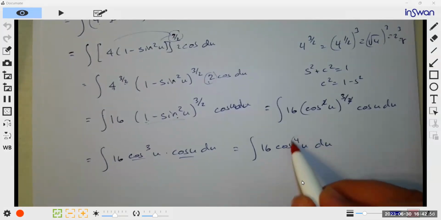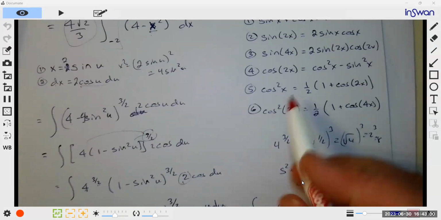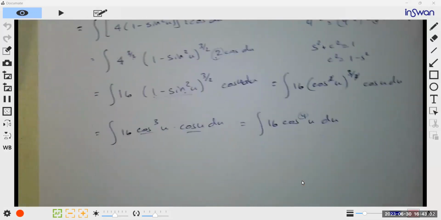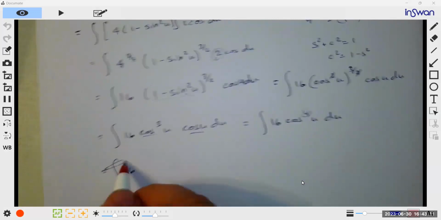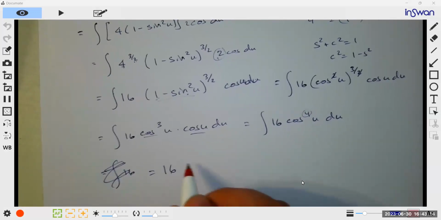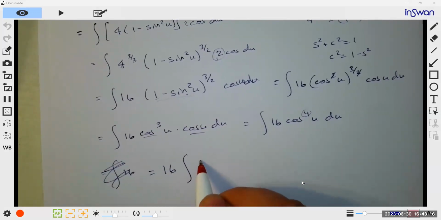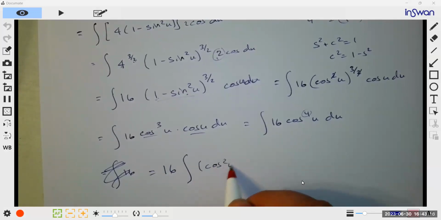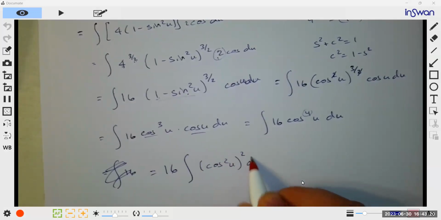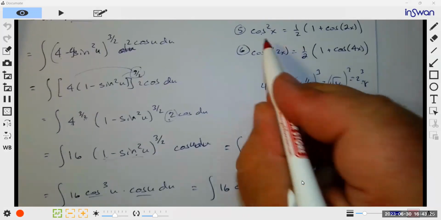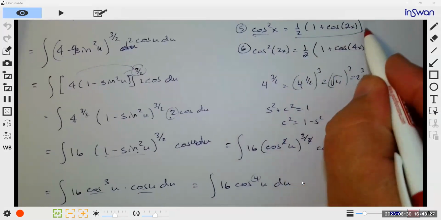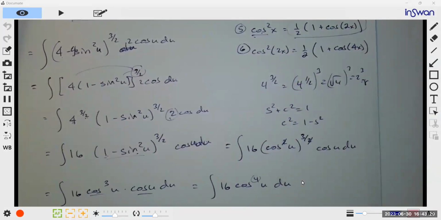Right. We don't have a rule for this one, but we do have for cosine squared. So we bring the 16, since it's a constant, out in front. So we have cosine squared u squared du. Looking at our properties, cosine squared u is that equation.